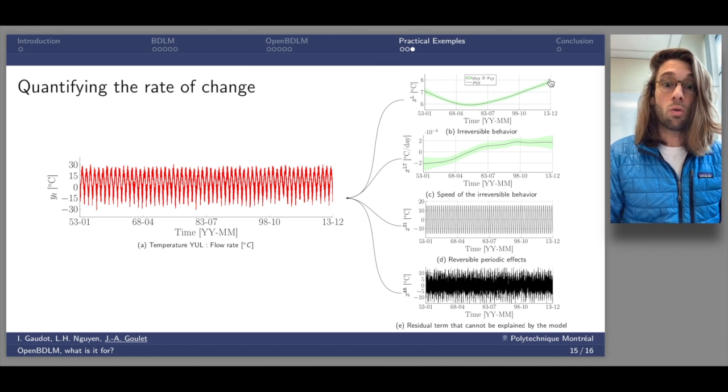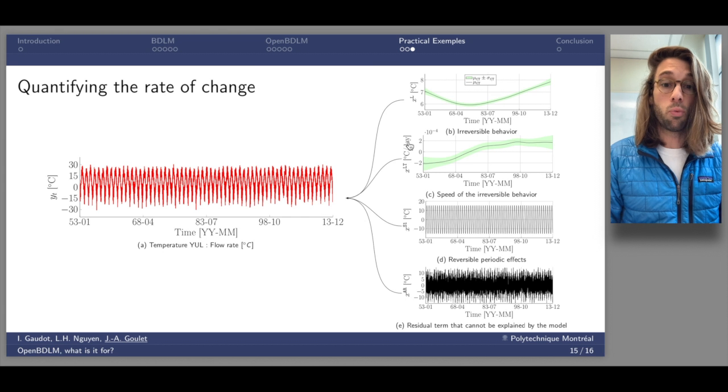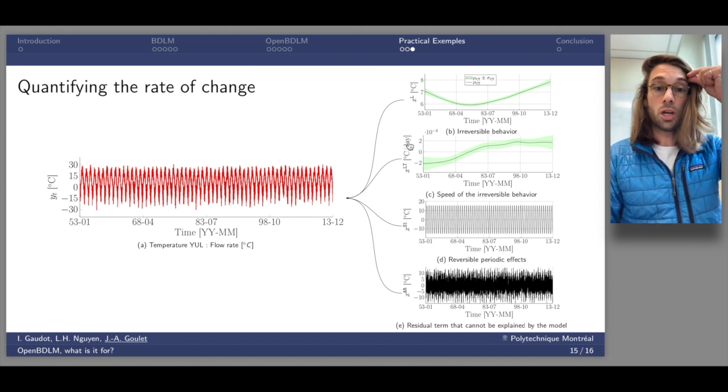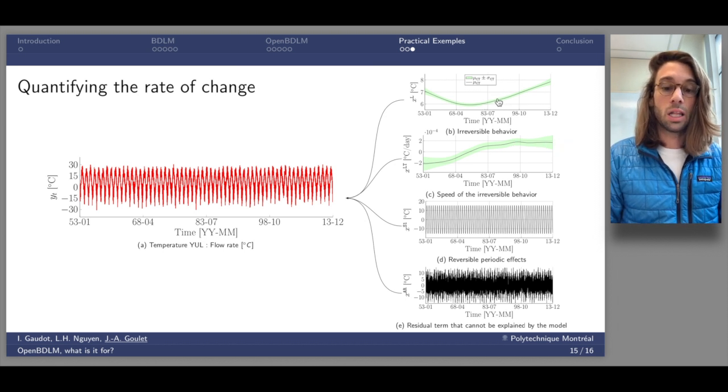And we can quantify this increase through the local trend, where we can see that in 2013, the rate of change of temperature was roughly 2 times 10 to the minus 4 degrees Celsius per day. This is roughly 0.06 degrees Celsius per year. So we can see that from the 80s till 2010, we are steadily increasing in temperature at a rate of roughly 0.06 degrees Celsius per year.